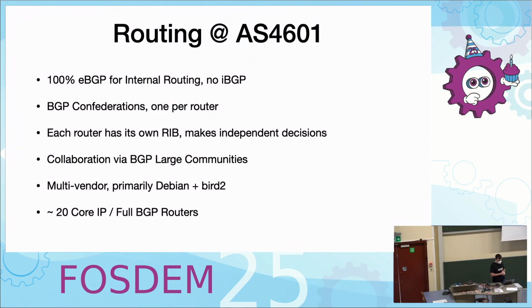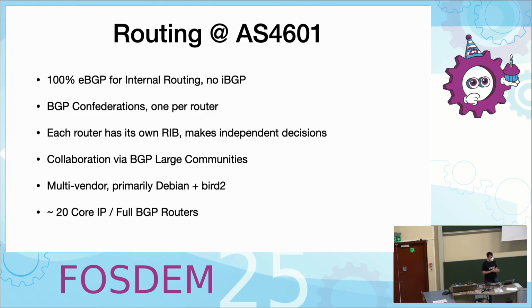So let's talk about how routing is done. First of all, there is no iBGP, no route reflectors anywhere in the network. All of the sessions are eBGP sessions, so it's very similar to what we described earlier. The only difference is that I'm using BGP confederations.